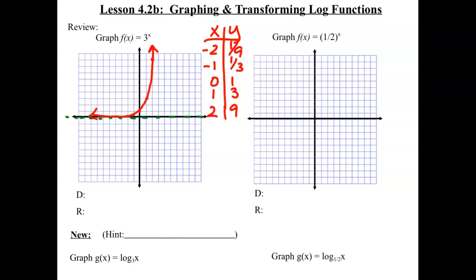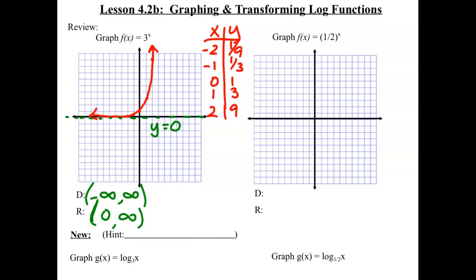All right. So that tells me my domain is going to be everything above 0. Sorry. Domain everything, -infinity to infinity. Range, everything above 0. Okay.